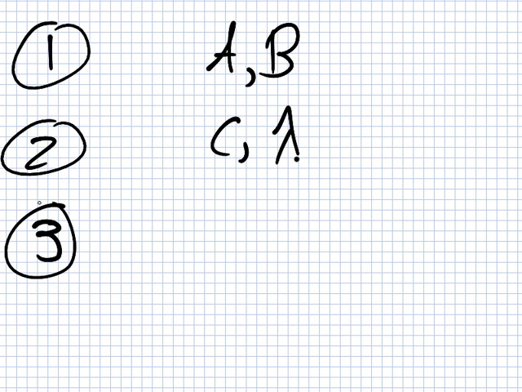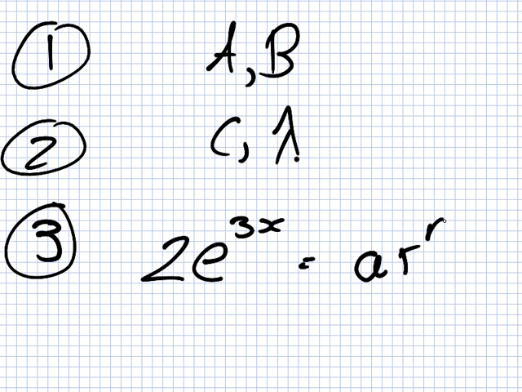Then in task 3, what I ask you to do is the reverse of something that you did in class today actually. So let's imagine we know the c and the lambda. Let's just pretend it was, for example, 2e to the 3x. What I want you to do here is to rewrite this in the form of a to the n minus 1.